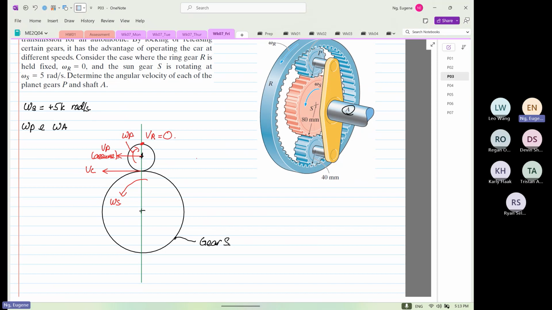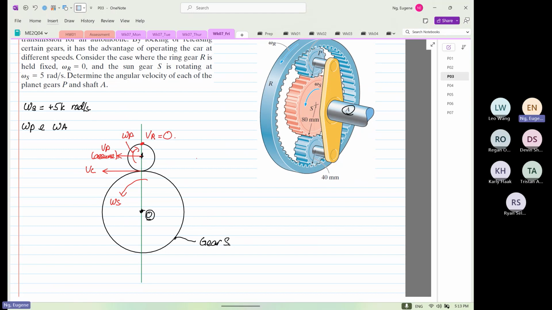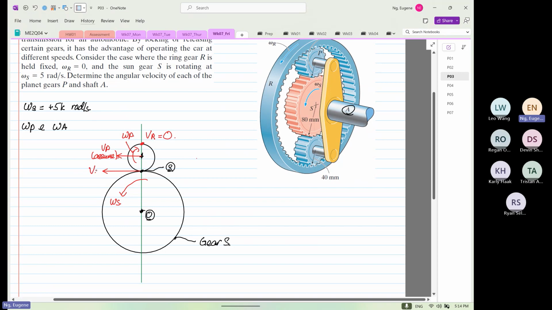That's the only thing that I'm assuming. So I'm going to now call the center over here my point O. This over here is my point S. I don't know why I say this is VC. This is VS. Can you change, please?